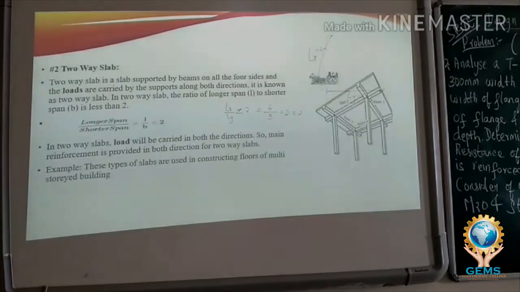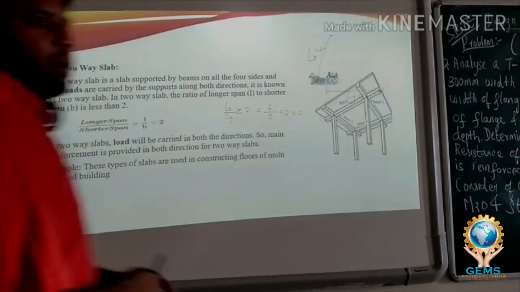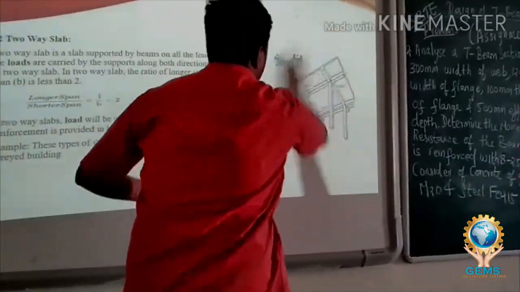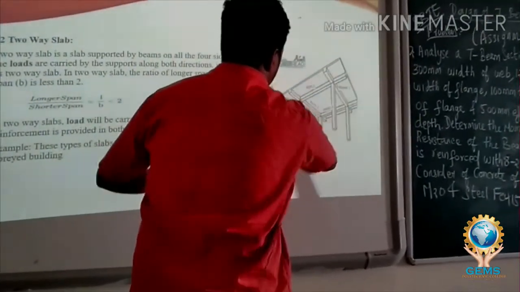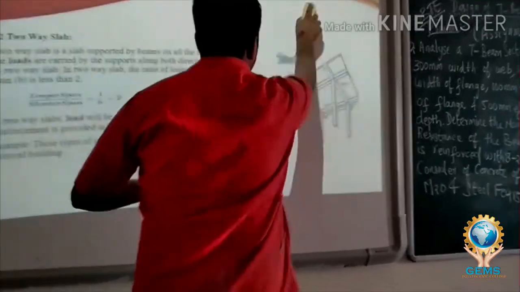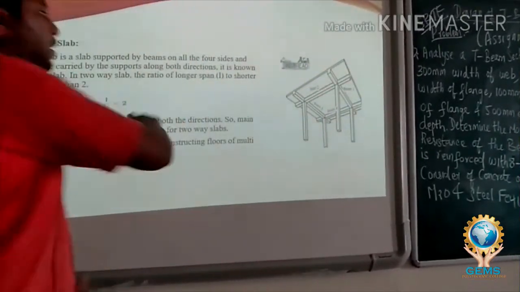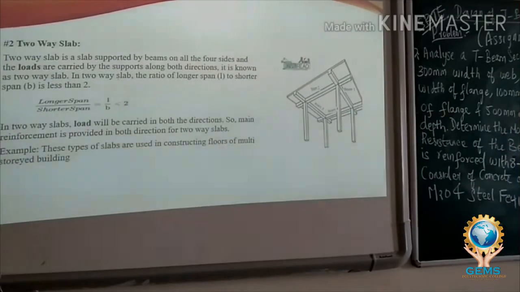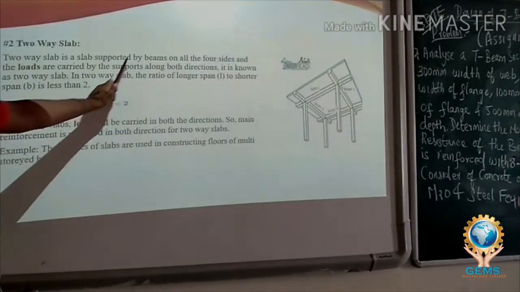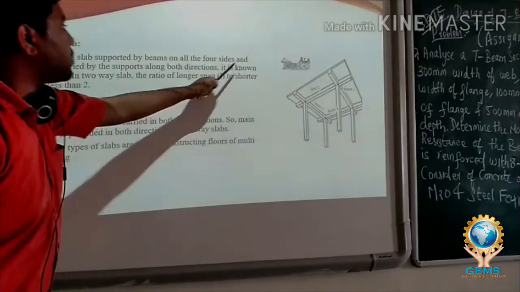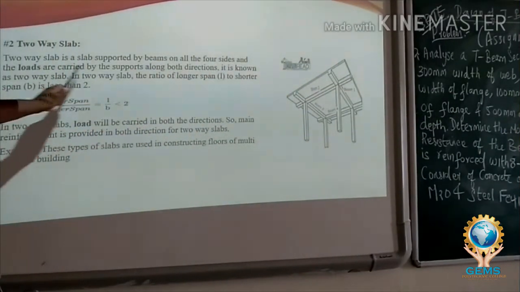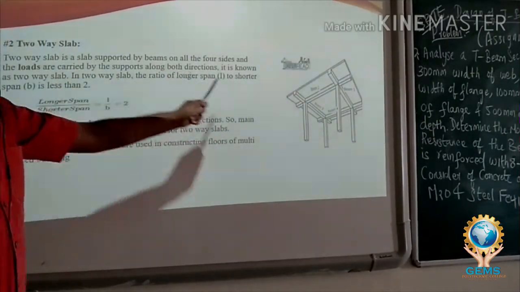Next one is two-way slab. A two-way slab is a slab supported by beams on all four sides. The loads are carried by the supports along both directions.